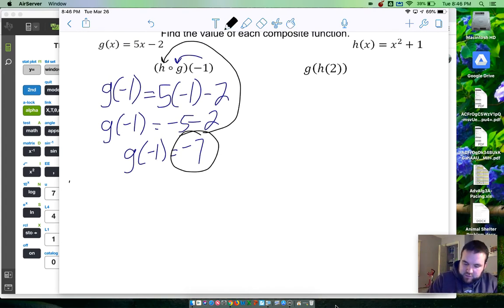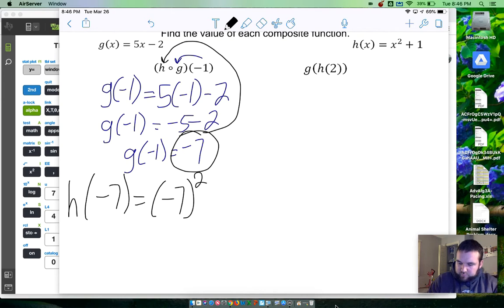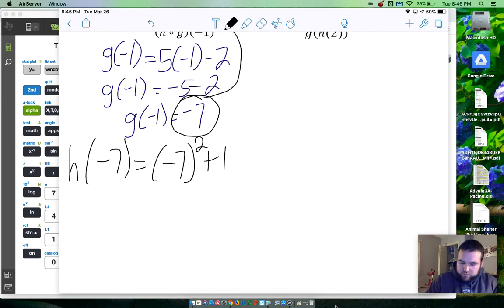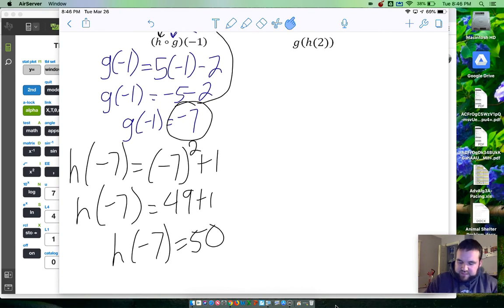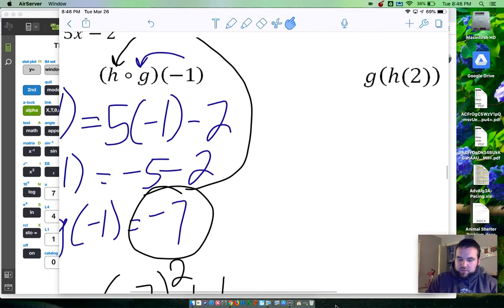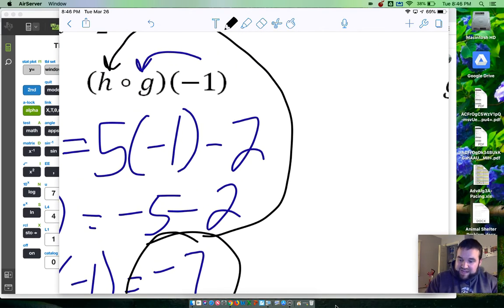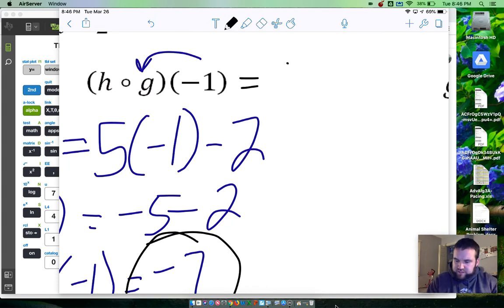So I'm going to do h of -7, which is x squared plus 1. -7 squared is 49. 49 plus 1 is 50. So h of -7 is 50. So what I would do is go up to the very top here. 50 was my final answer. So I could say h of g of -1 is equal to 50.